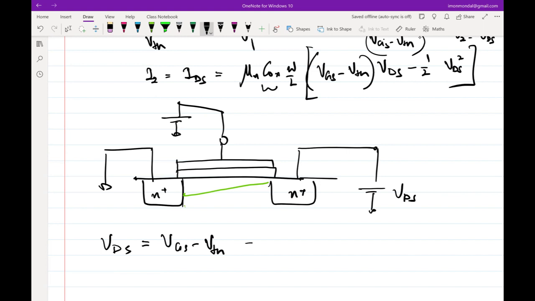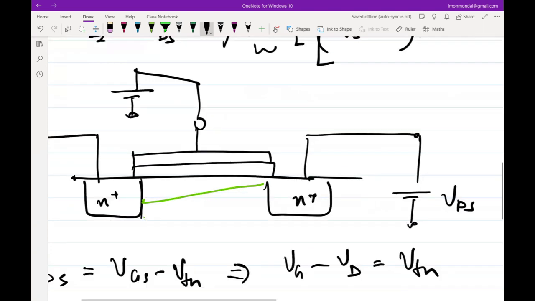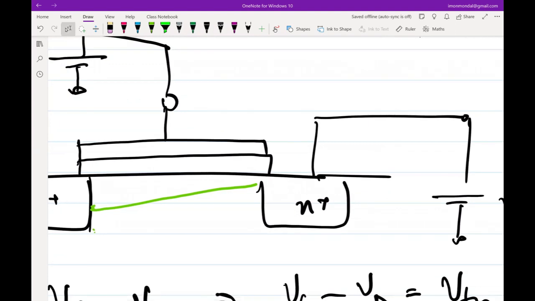At that time, I can simply say that your VGD, that is VG minus VD, is equal to the threshold voltage. The source voltage cancels off on either side of the equation, and I rearrange, I get VG minus VD equal to the threshold voltage. Now, what is VG minus VD? VG minus VD points to that sliver of MOSFET which is attached to the drain terminal.